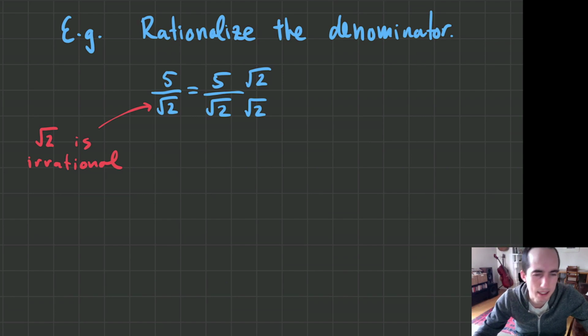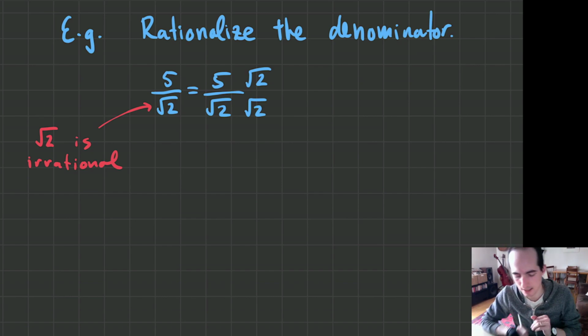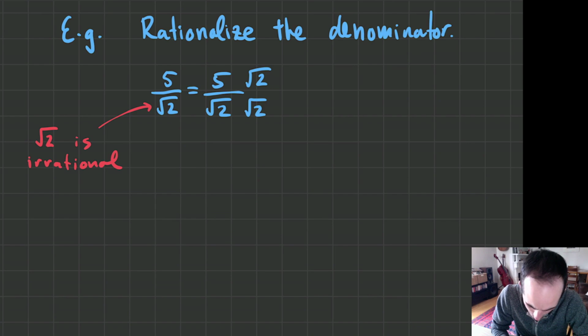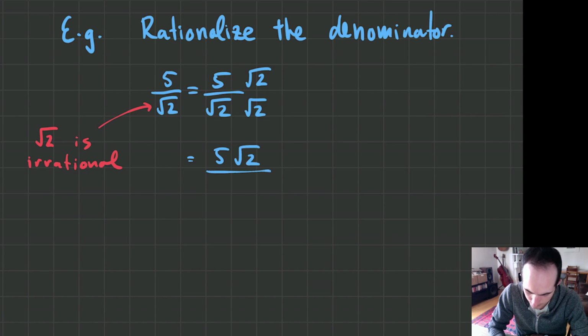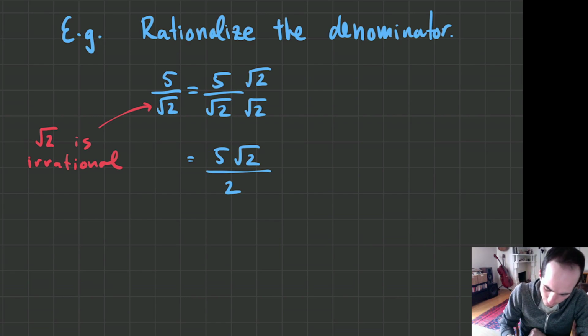I forget exactly which question, but it said something about not having any fractional exponents in the denominator. That's exactly the same thing here. So anyway, the way we would deal with this is that we would get 5 root 2 over, well, root 2 times root 2 is just equal to 2. And now, look at that. Our denominator of 2 is rational. So 2 is rational.